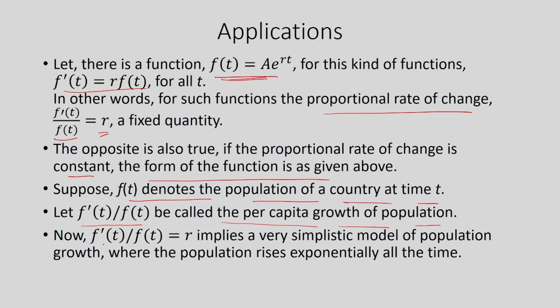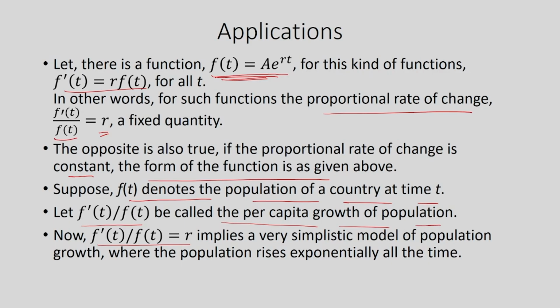Now, f dash of t divided by F of t is equal to R. Suppose that is the formula that is applicable for a particular country, that the per capita growth rate of population is constant, it is given by R. But if that is correct, it implies a very simplistic model of population growth, where the population rises exponentially all the time, because behind this we know there is this function F of t is equal to A e to the power R t.